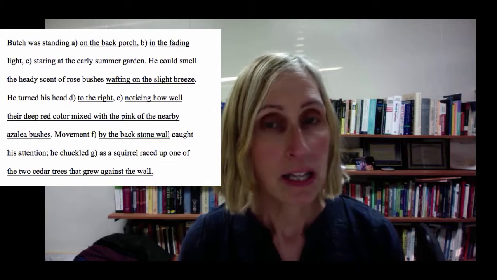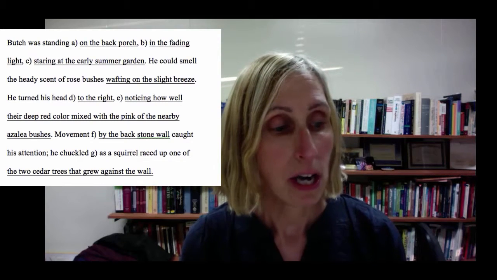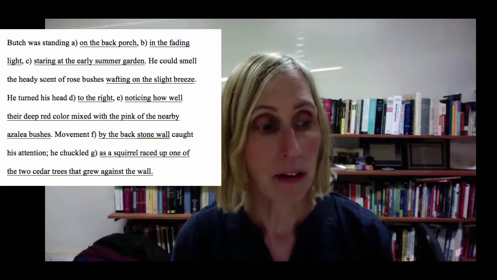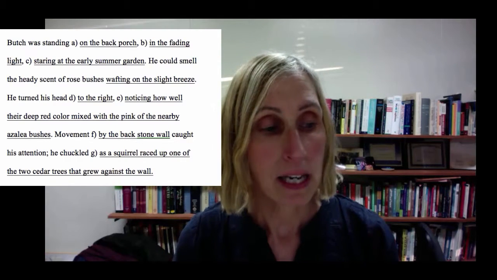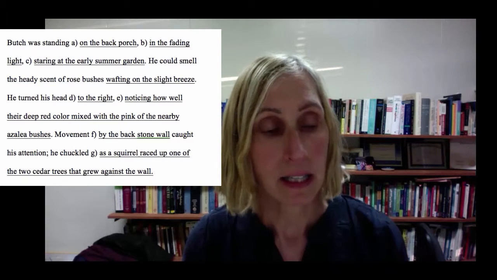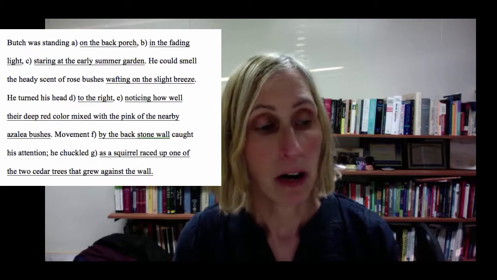So we get Butch was standing on the back porch in the fading light, staring at the early summer garden. And you can probably test yourself there rather readily and see that on the back porch is modifying standing, telling where. In the fading light, also telling where.